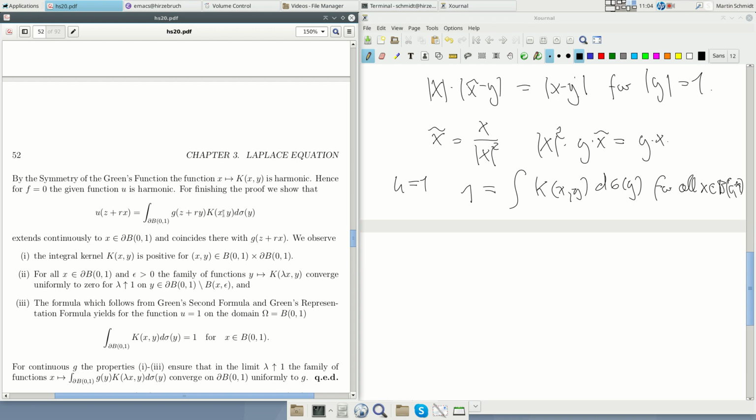So it's harmonic on U, on the unit ball. This is already clear. So it remains to show that it extends continuously to the boundary and coincides there with this function. This is what we need to show.